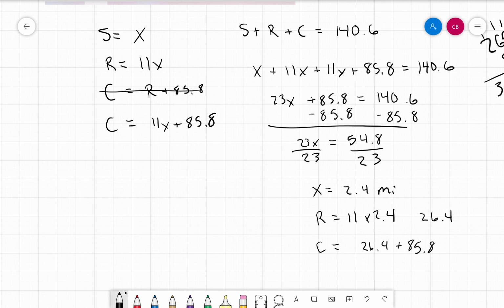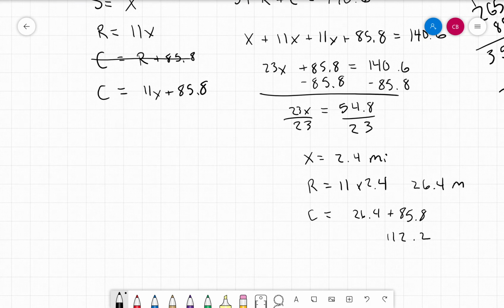And that's 112.2. So what does that mean? That means they cycled for 112.2 miles, they ran for 26.4, and they swam for 2.4 miles. So I hope this helps. Thank you, guys.